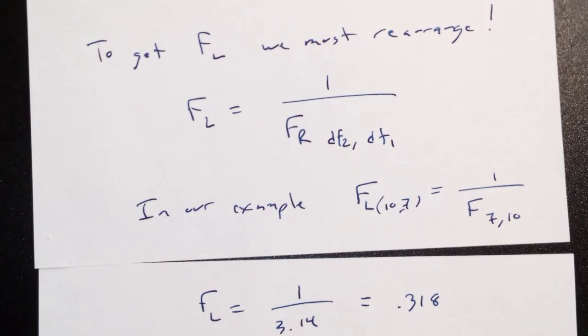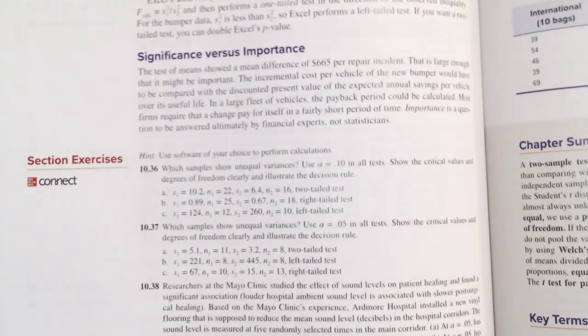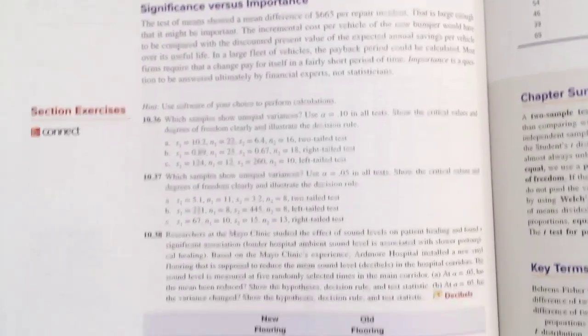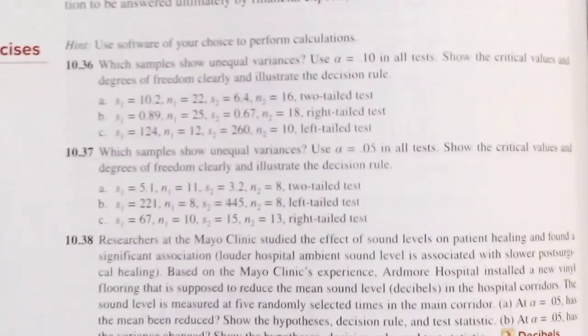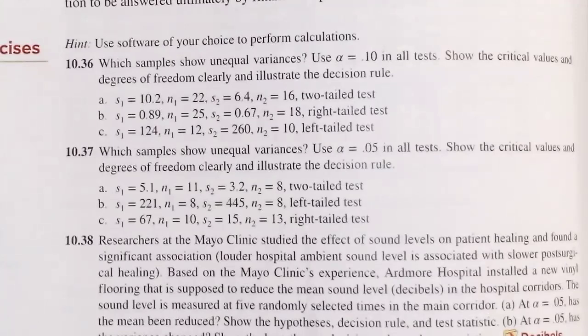So, problem number 37 simply asks us, here's the summary information. Let's do this. You want to do A, B, or C?